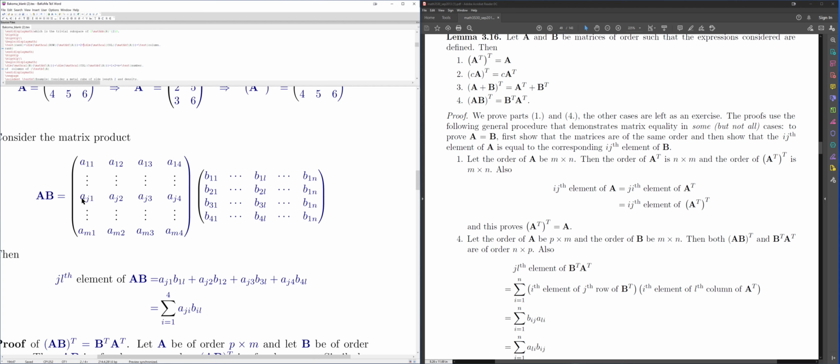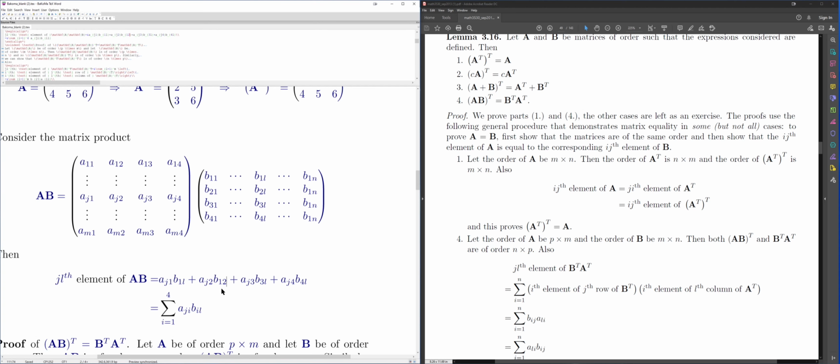And I can multiply it out, so Aj1 times B1l, and then Aj2 against B2l and so on. And notice this over here I can write in summation notation. So this product, when I multiply the row against the column, I can write this way: the sum of Aji times Bil, where the index i is for the inside over here. So it starts with 1, goes to 2, and there's a typo there.